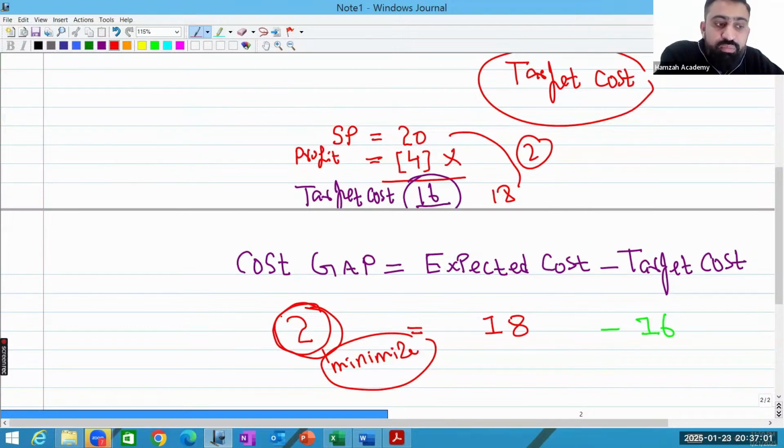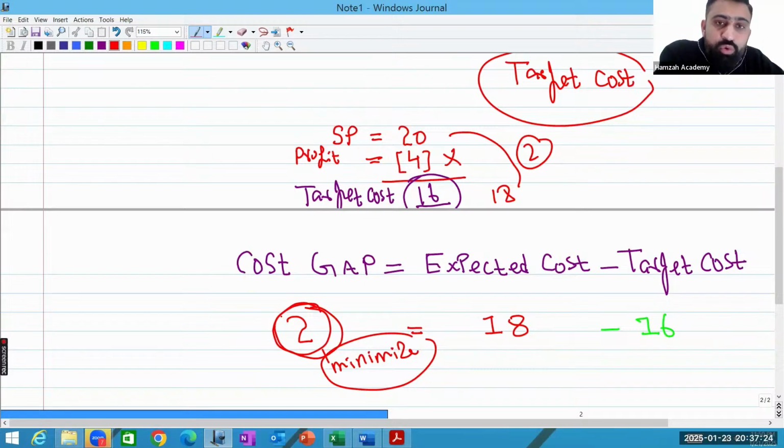So when you reduce the features which are not value addition in a product, it will reduce the cost and minimize the cost gap. You may have to renegotiate with your labor force so you can achieve a better labor rate in order to get the cost down and minimize the cost gap.